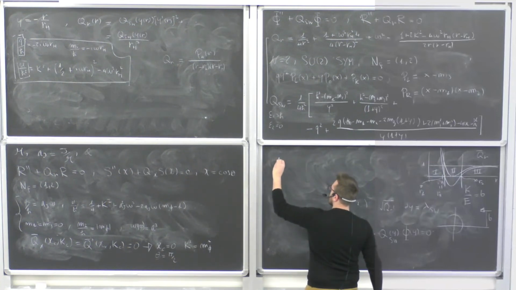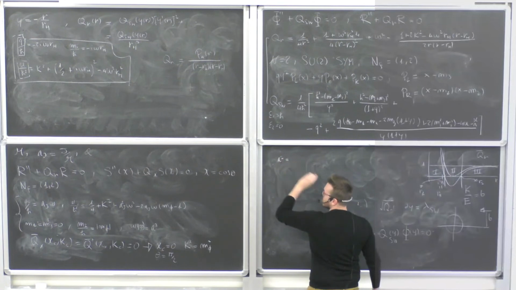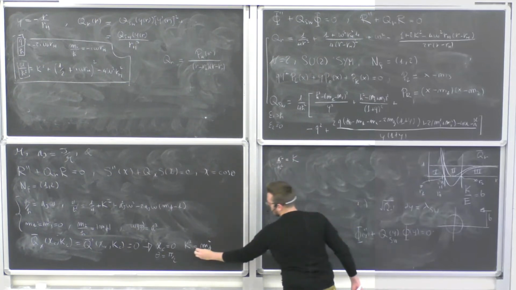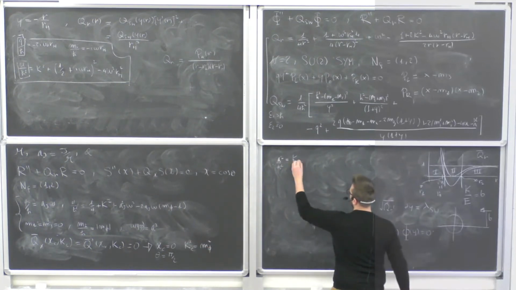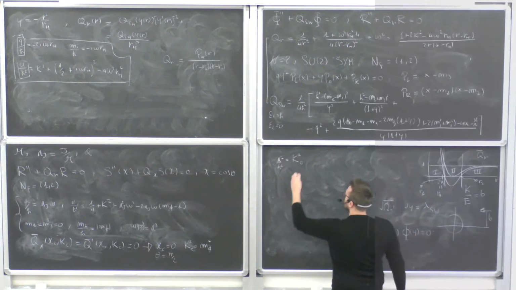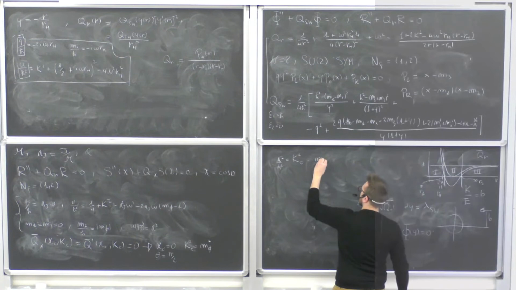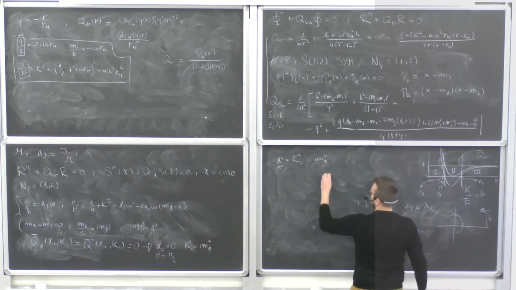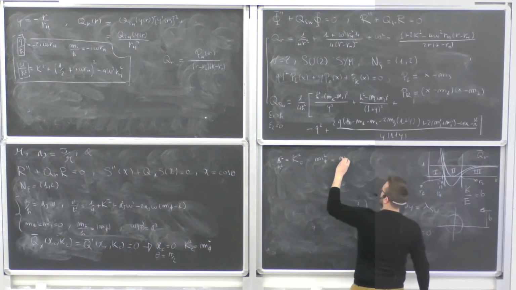So a squared over h bar squared is equal to, let me call this critical because it's in the eikonal limit, k squared, which is equal to m phi squared, which in turn is equal to m2 squared over h bar squared.